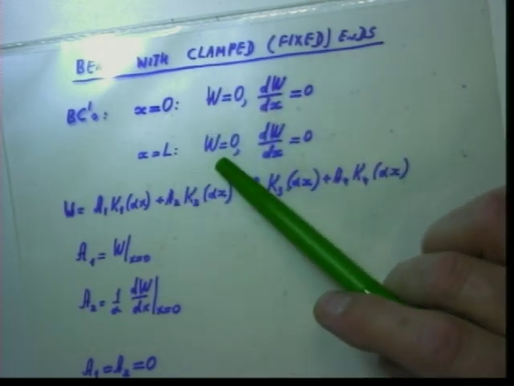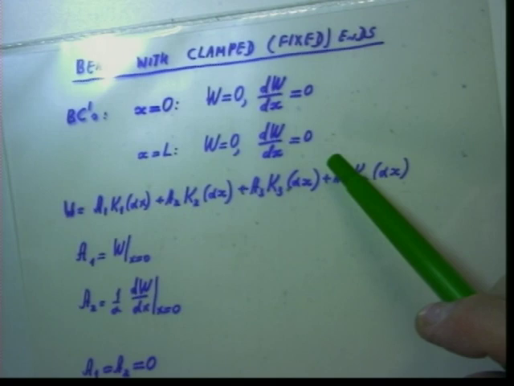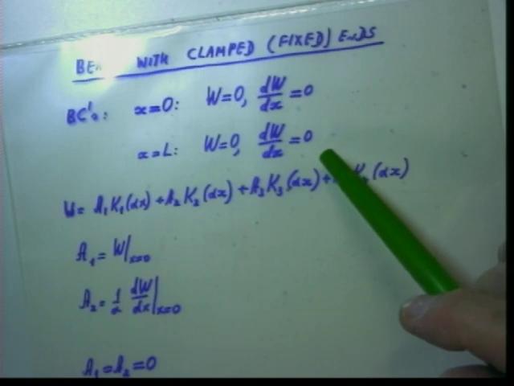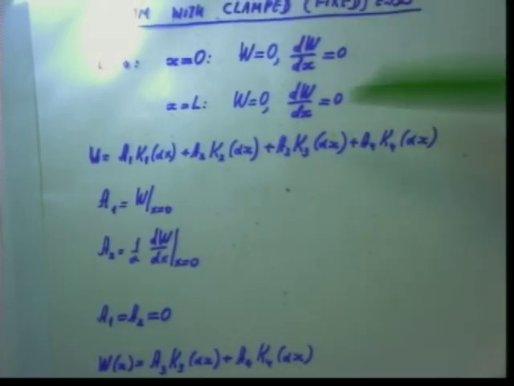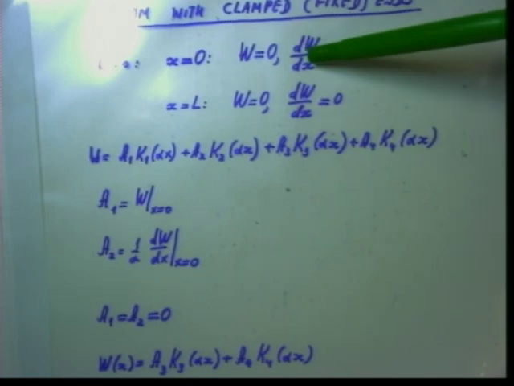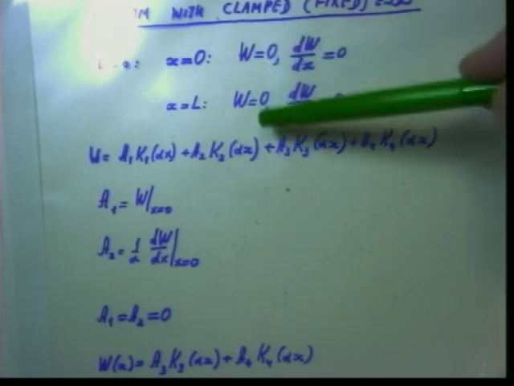At x equals L, function and first derivative equal 0. Do you remember we had clamped-free, so clamped is function and first derivative. Now in both cases we have the same set of boundary conditions.